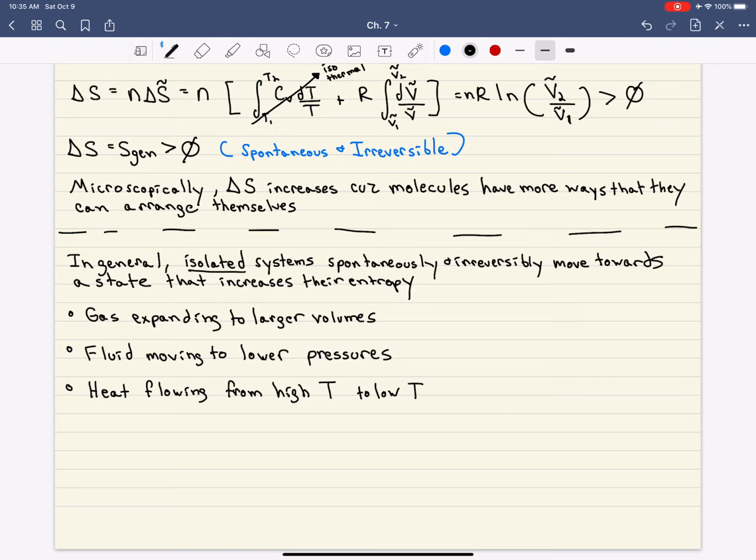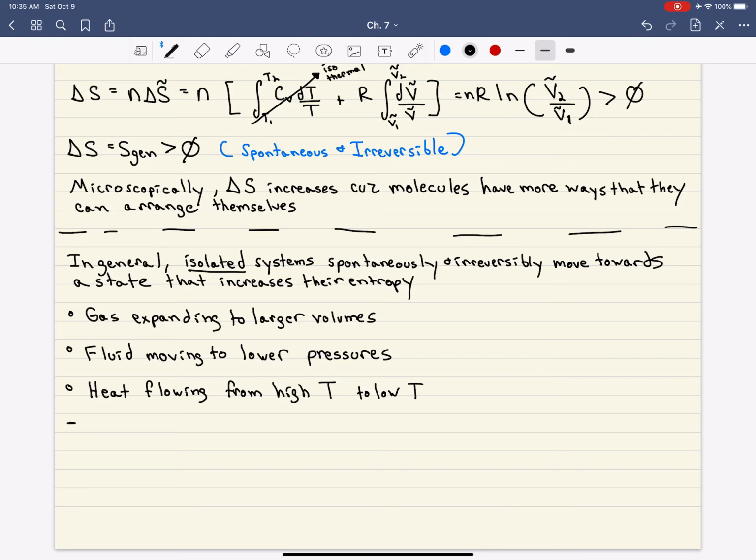And we see that because the lower temperature part of the wall, as heat flows to it, will get hotter, right? And as the lower temperature part of the wall gets hotter, its entropy also increases, okay? All right, and so we see that for these isolated systems, they move towards states that increase their entropy.